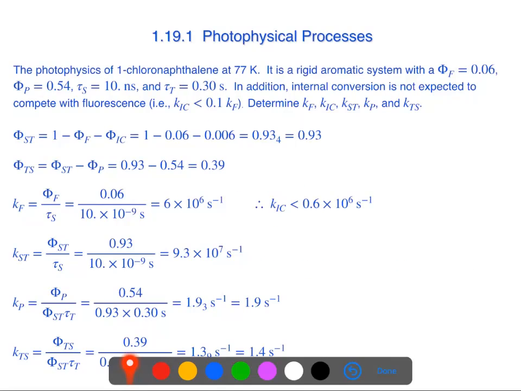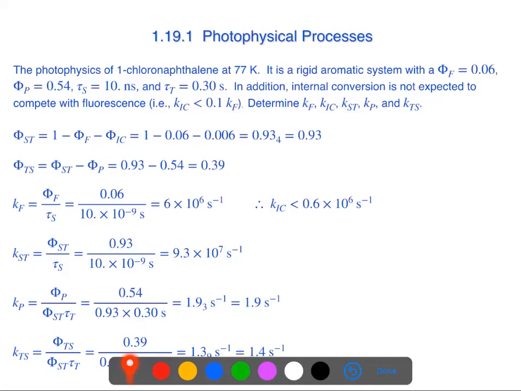In this example, we're going to look at the photophysics of 1-chloronaphthalene at 77 Kelvin. 1-chloronaphthalene is a rigid aromatic system. It has a fluorescence quantum yield of 0.06 or 6%, a phosphorescence quantum yield of 0.54, a singlet lifetime of 10 nanoseconds, and a triplet lifetime of 0.30 seconds.